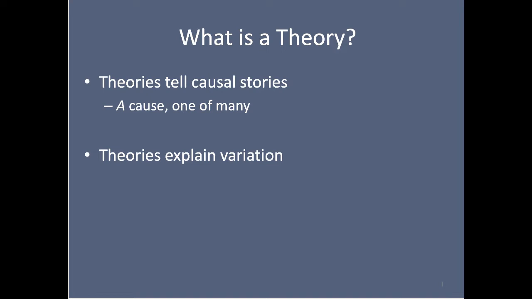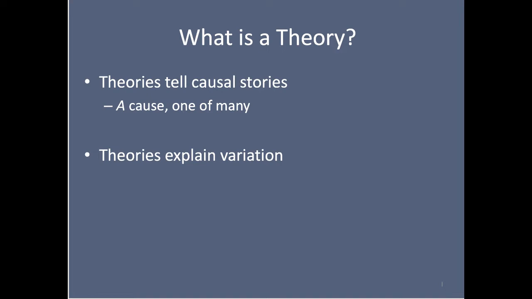In this class, we're often going to focus on one cause at a time. So if we think about something like crime, there are tons and tons of things that affect the crime rate, whether and when various crimes are committed, by who, what type of crime, and so on.